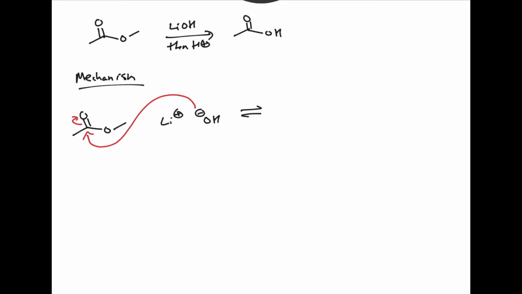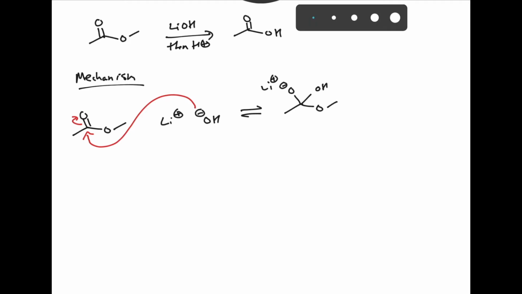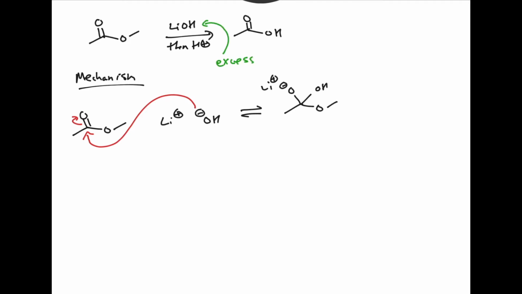Right, same kind of deal where this can go back and forth. Sometimes we're going to push out that hydroxide. Sometimes we're going to push out the methoxide, but we use a large enough excess of hydroxide that we end up pushing the alkoxide out, right? And it can't go back.